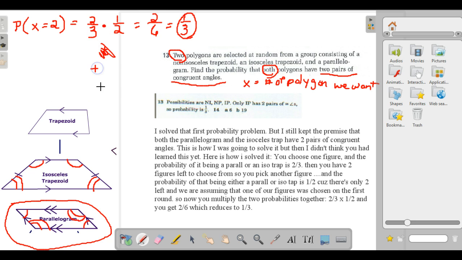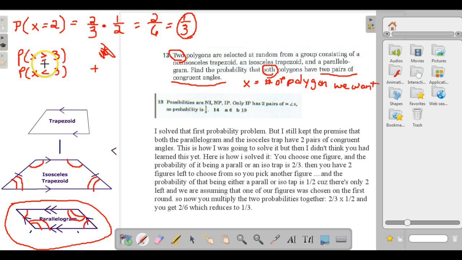When you add probabilities, it's usually because they're asking for the probability of x greater than 3, or the probability that x is less than 3, something like that.